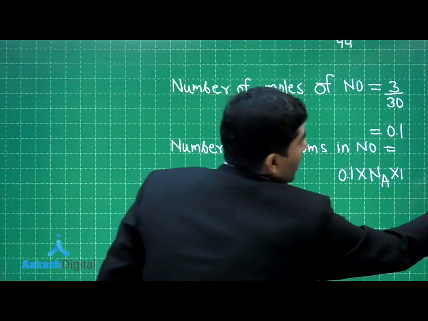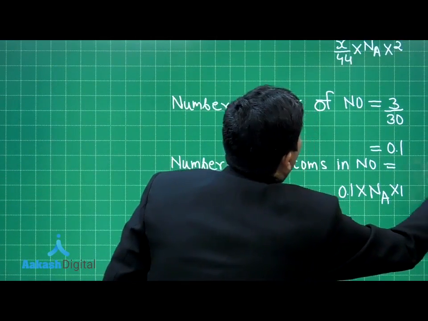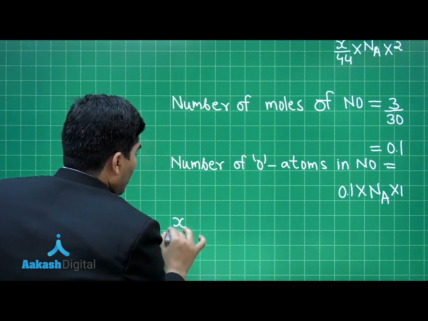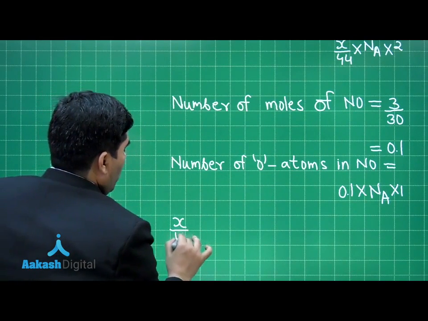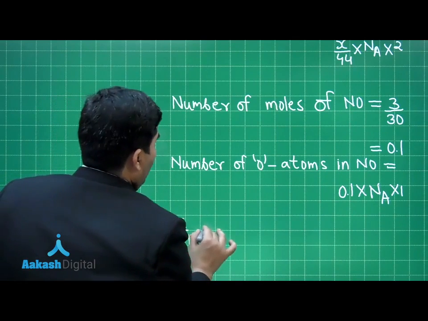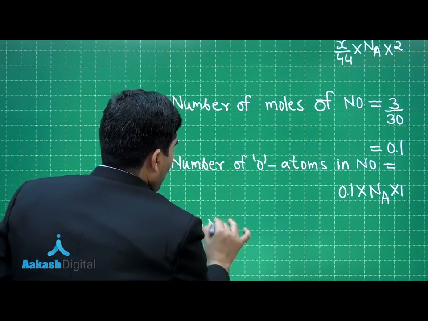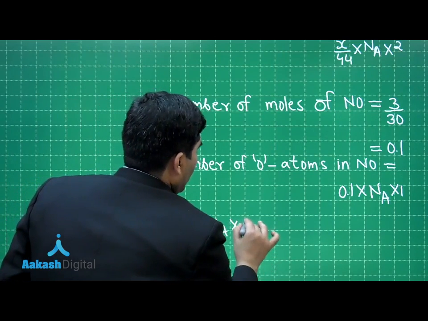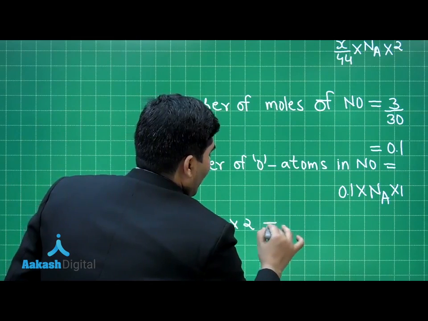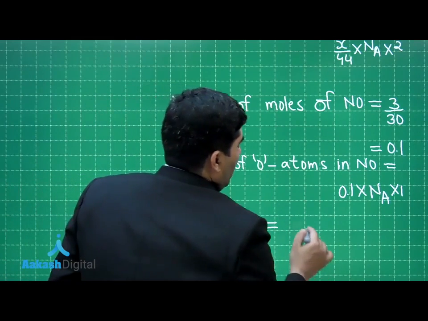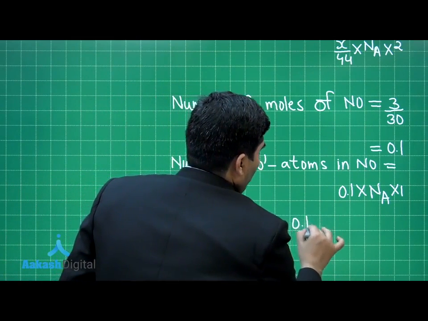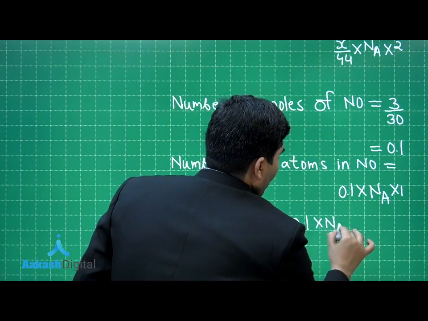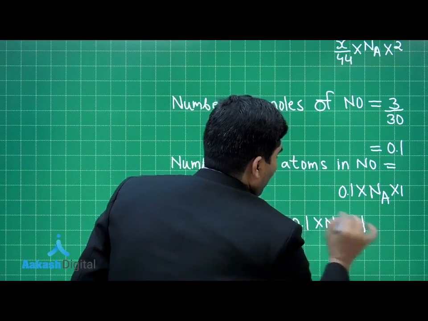So, the number of atoms present in CO2 is x by 44 into Na multiplied by 2, and that should be equal to 0.1 into Na into 1.